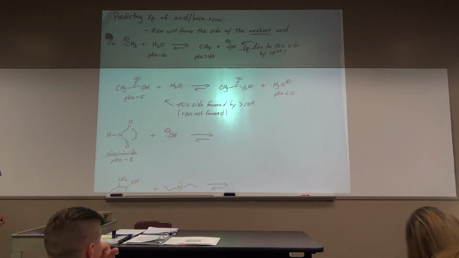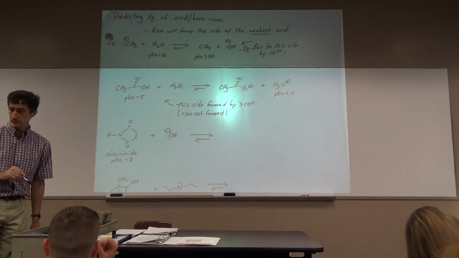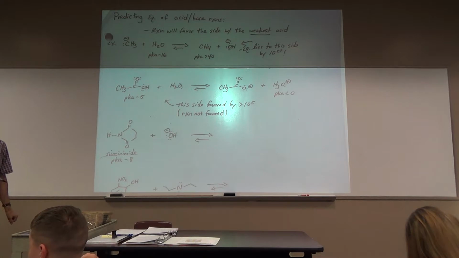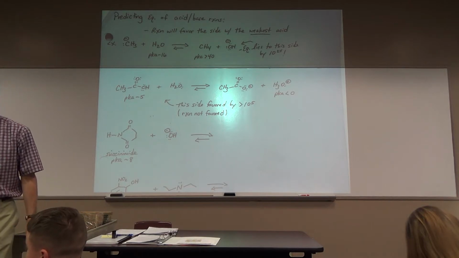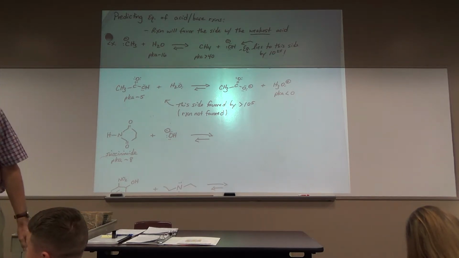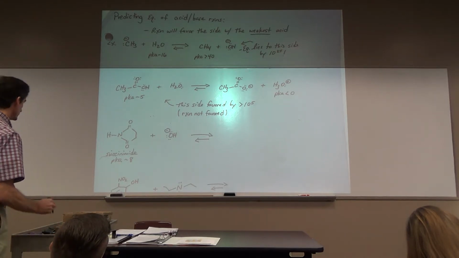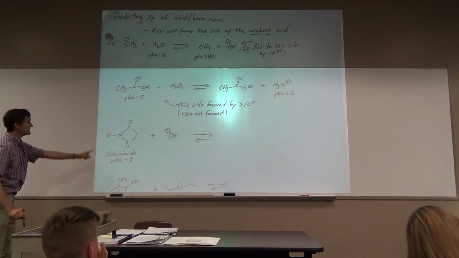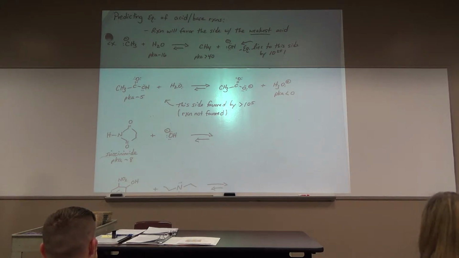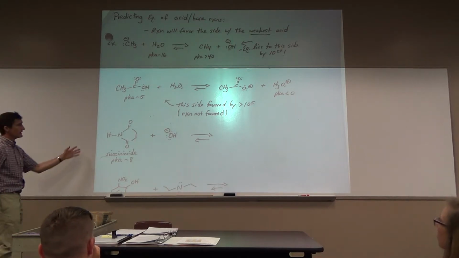Right before the periodic table, isn't there a list of pKa's? Back in the lab manual. But I also give you information of why the ranking is that way. Okay? Why the ranking is that way. All right, let's see how we do here. Okay.